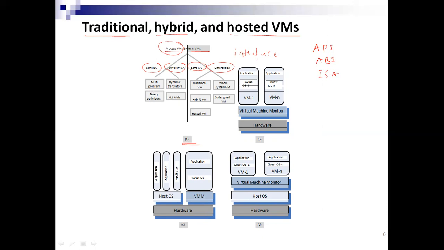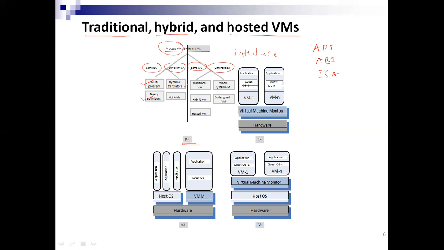The traditional, hybrid, and hosted are the three classes of virtual machine that we have seen for systems with the same ISA. For the same ISA, we also have the multiprogram and binary optimizer.